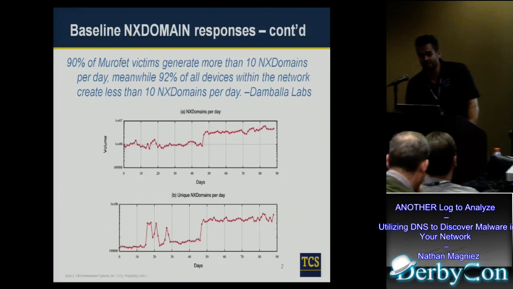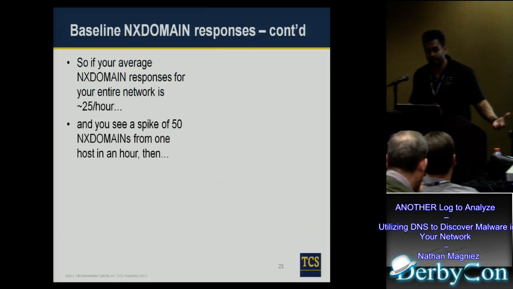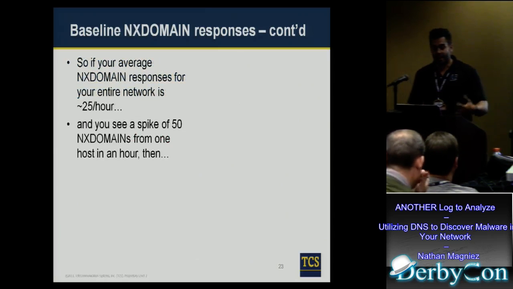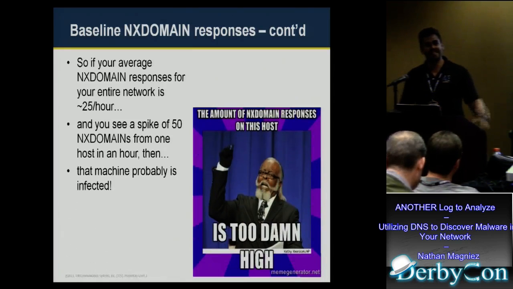Meanwhile, 92% of all devices within the network create less than 10 NX domains per day. Right? So we can start to see how we can establish a little bit of a baseline right there. So if your average NX domain responses for your entire network is 25 per hour, and then you see a spike of 50 coming out of one host in an hour, well then that machine is probably hosed, right? Because the amount of NX domain responses on this host is too high.